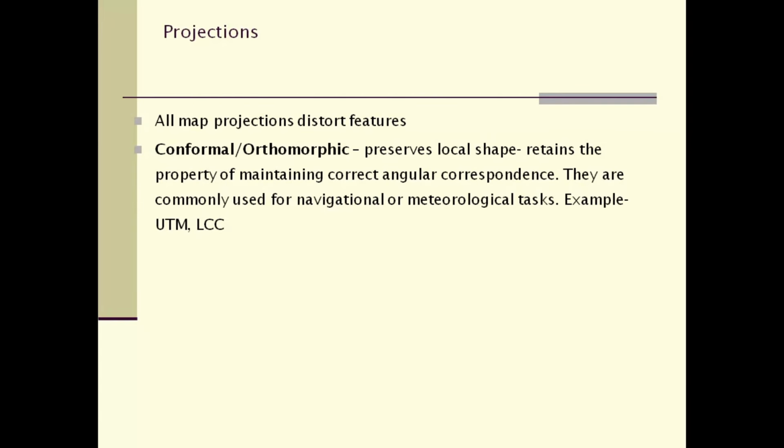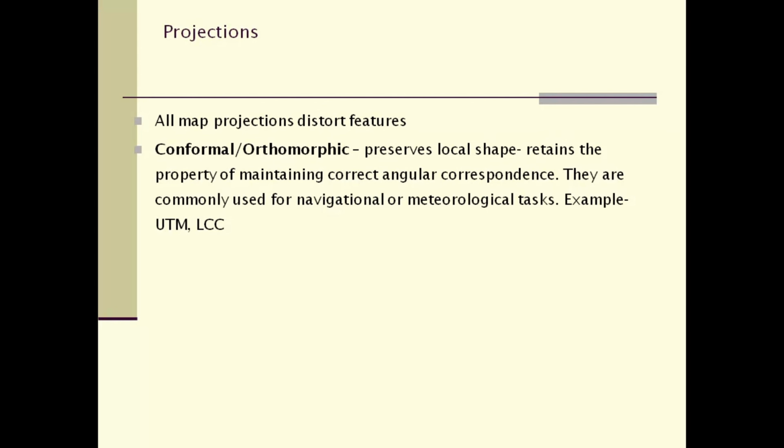What are conformal and orthomorphic projections? They preserve the local shape, meaning they retain the property of maintaining correct angular correspondence. The shape of that particular object or feature is retained and preserved in the map. So they are commonly used for navigation and meteorological tasks.